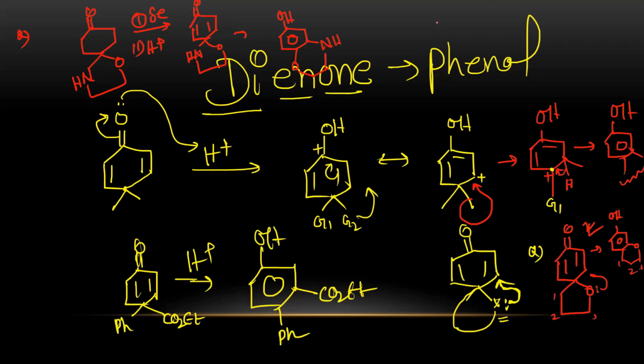So if there is a comparison with oxygen and sulfur, then sulfur will migrate. It will be nitrogen most, then S, then O. This will be the migratory nature if a lone pair is there.